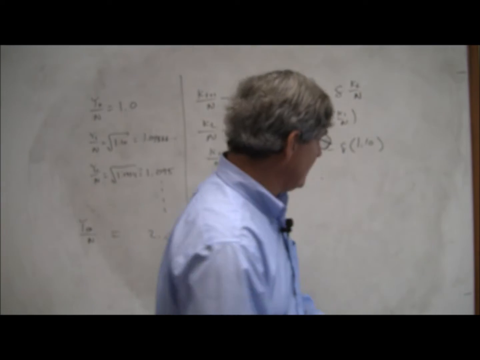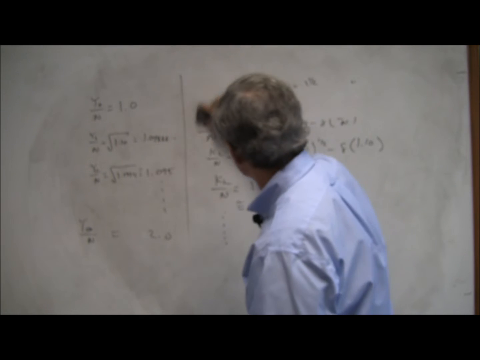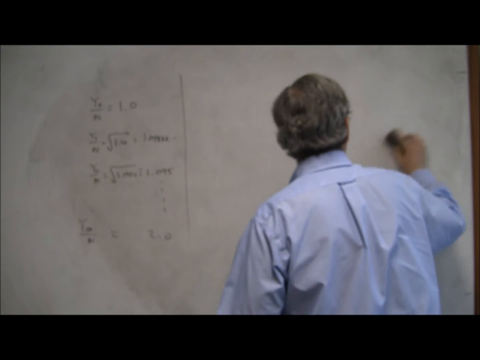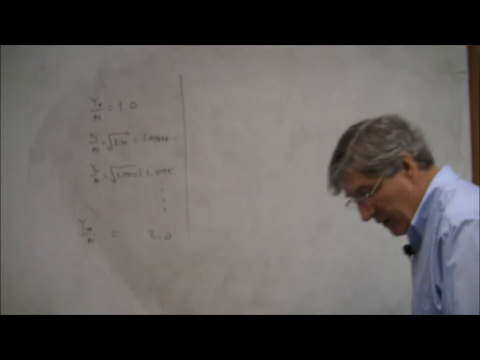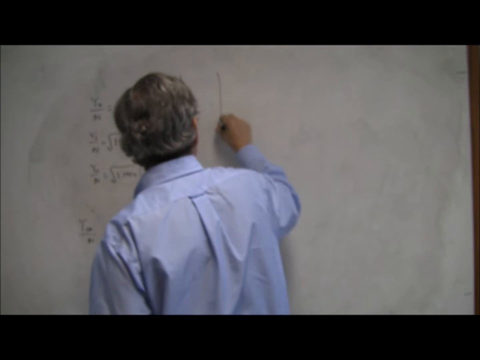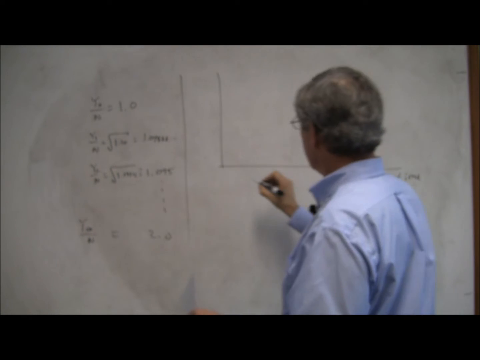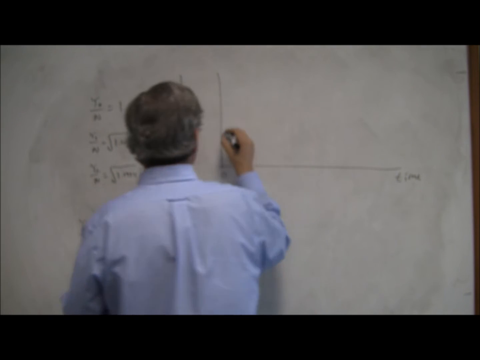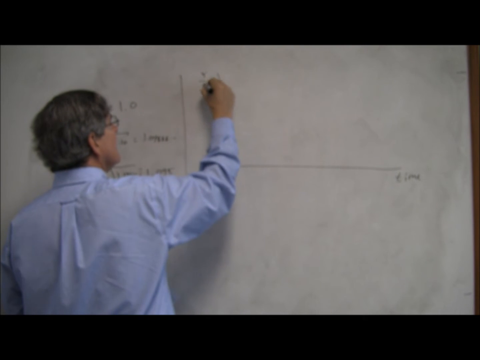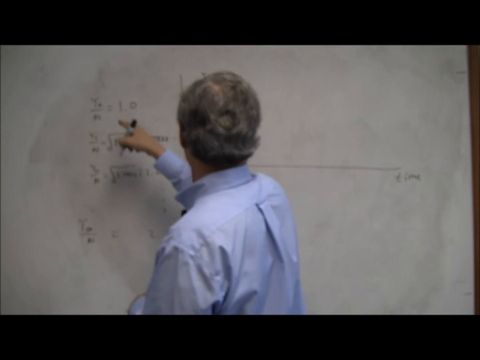And so what we could do is graph the evolution of y over n over time. So here's a graph with time on this axis. This is t equals 0. This is y over n. And at t equals 0, it was at 1.0. That's what we saw here.